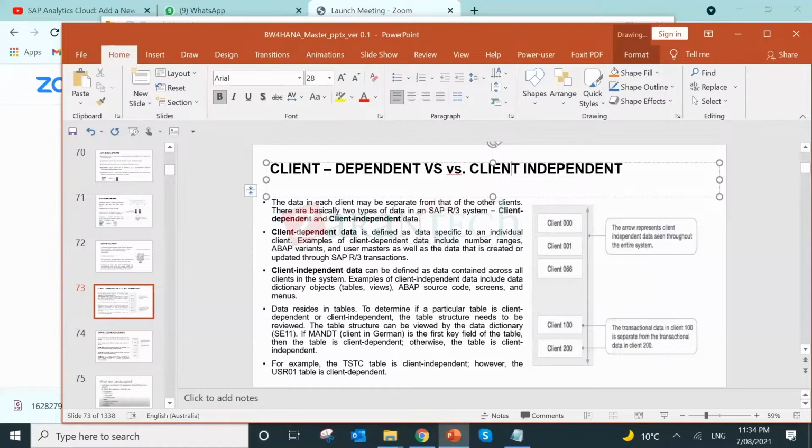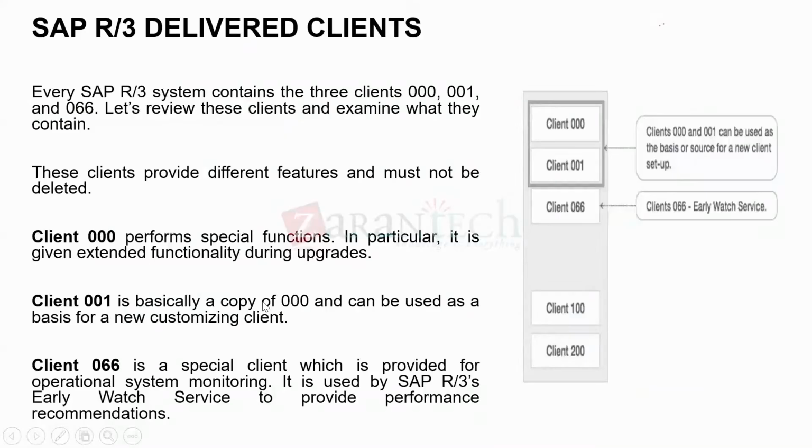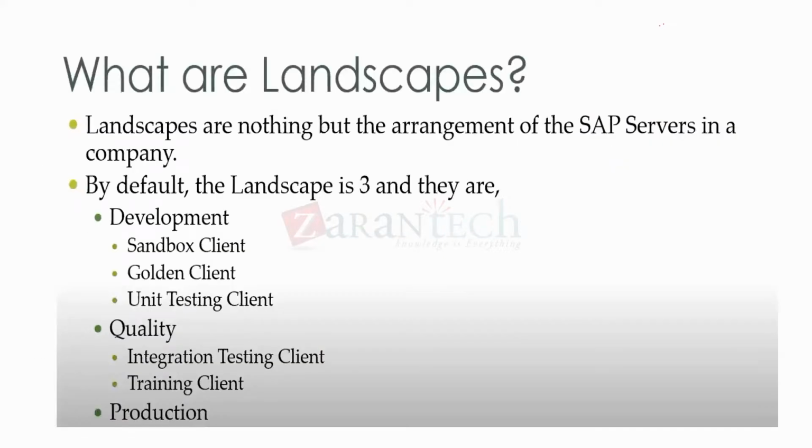You will learn later what client dependent and client independent mean, but you have understood it now, right? Awesome, fantastic. There are certain SAP standard clients delivered by SAP, typically used by Basis people for admin activities: 000, 001 and 066.